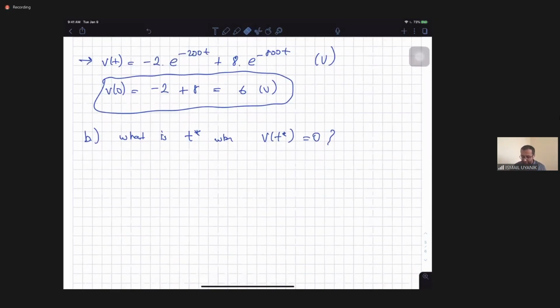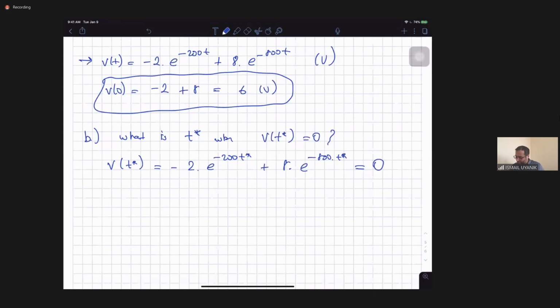So I will just equate it to zero. I will say 2 times e to the minus 200 t star plus 8 times e to the minus 800 t star is equal to 0. I just need to calculate that t star.